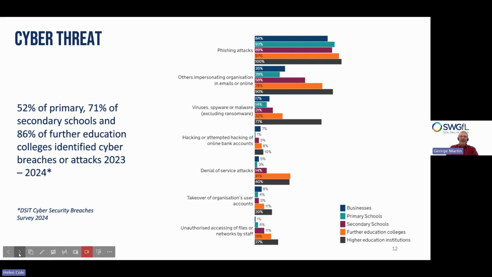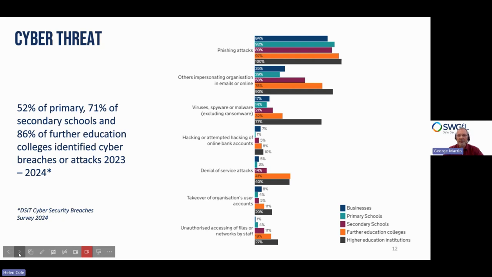So if we look at the numbers, that tells us all we need to know. On the left-hand side here, we see the results from the latest DCIT survey. And what that shows us, of the schools that participated in that survey, 52% of primary schools and 71% of secondary schools have reported incidents.